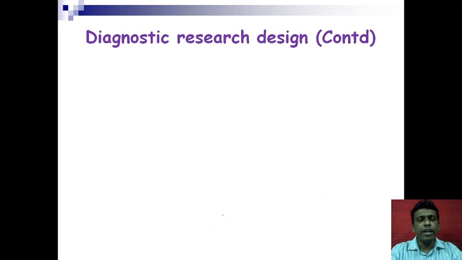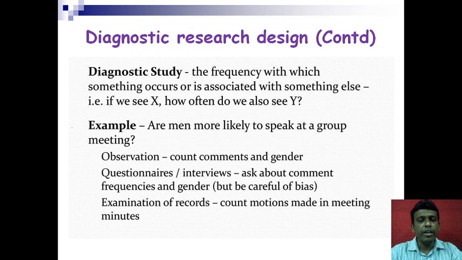So basically, as we have already studied, a diagnostic study mainly focuses on the frequency of occurrence of a variable. So the frequency with which some variable occurs is what it studies, or whether it is associated with some other variable that is being studied.